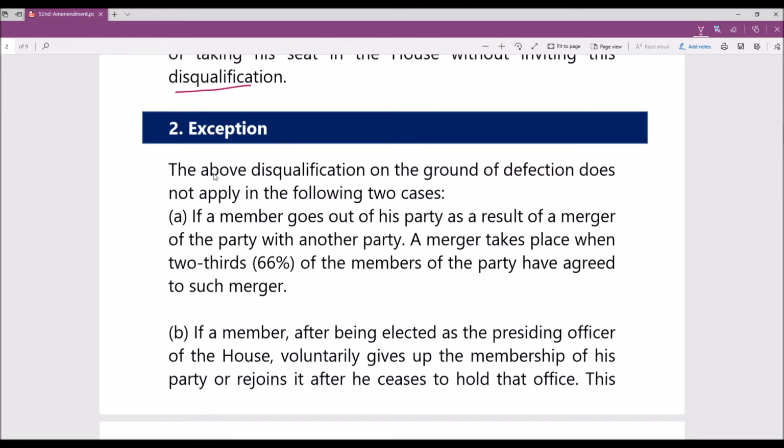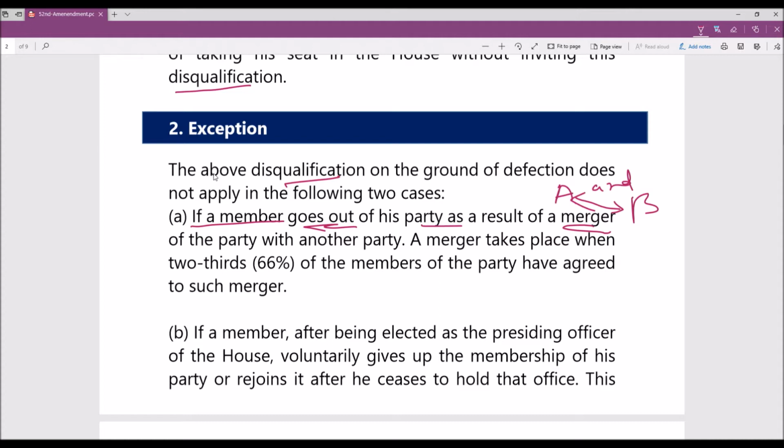The above disqualification on the ground of defection does not apply in the following two cases. First, when a member goes out of a party as a result of a merger. Suppose there are two political parties, party A and party B. If these two parties say they will merge and become a single party, then the member is not disqualified.